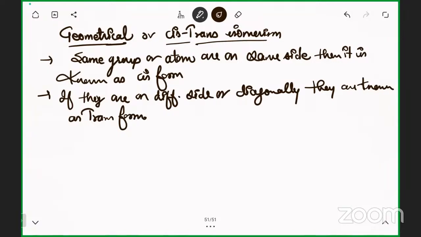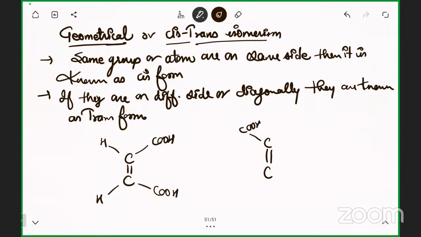See, the compound I'm forming is C double bond C, with COOH, H on one side, and COOH, H on the other.